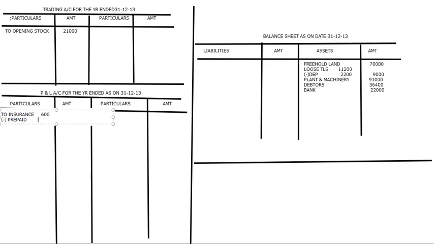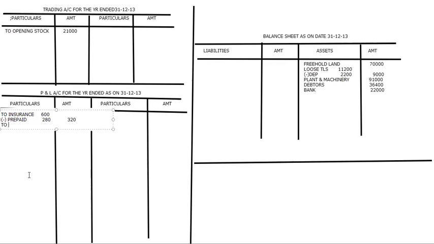How much prepaid did he give? 280. So if we do 600 minus 280, it is going to be 320.